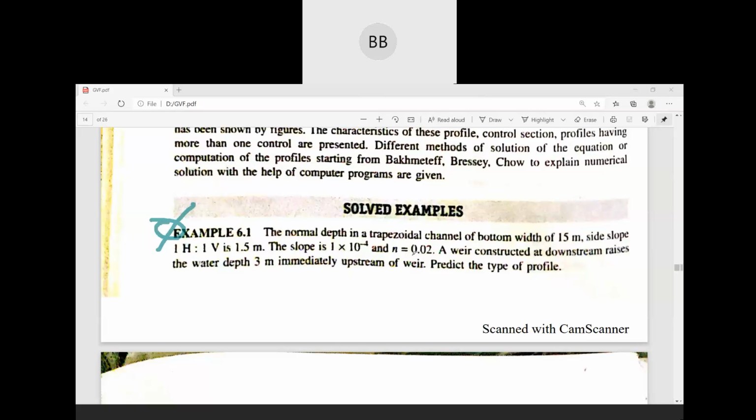So what is given? It's given as a trapezoidal channel, bottom width 15 meter. Side slope is also given, one horizontal to one vertical, and normal depth is given 1.5 meter.